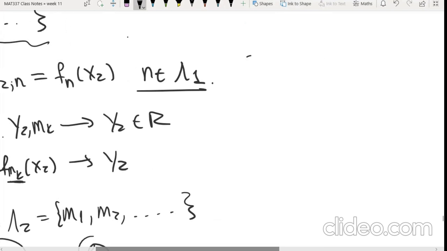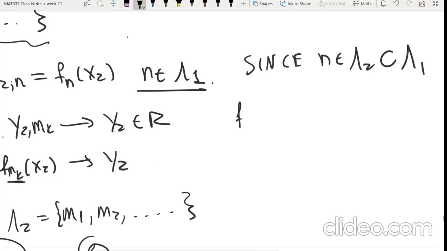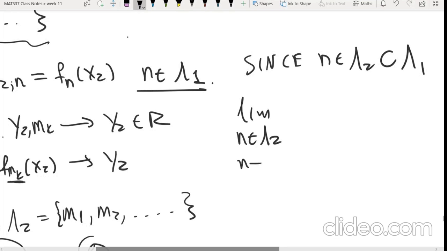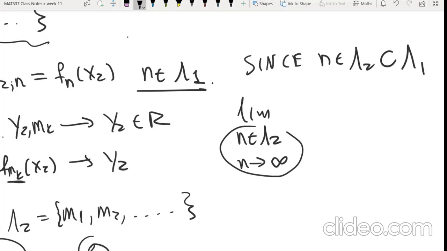Since n is in lambda 1, you have that, since n is in lambda 2, which is inside lambda 1, you have that the limit as n goes to infinity, but inside lambda 2, this subsequence evaluated at x1 is y1.